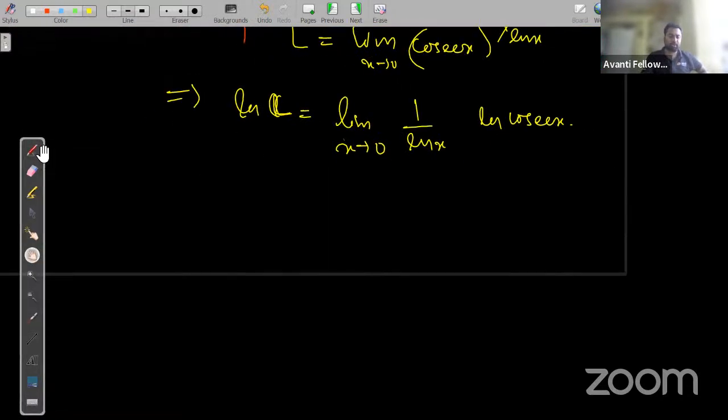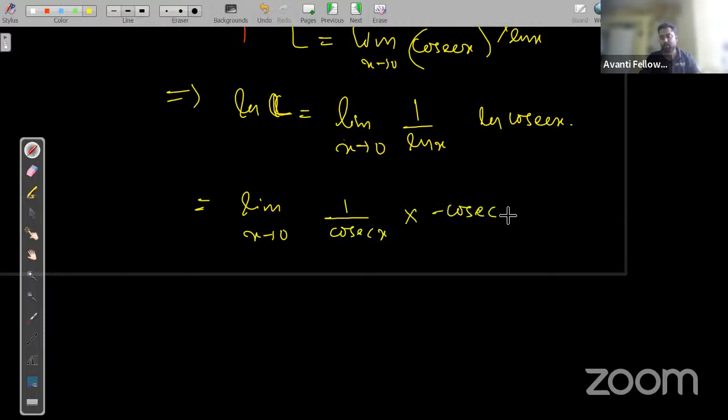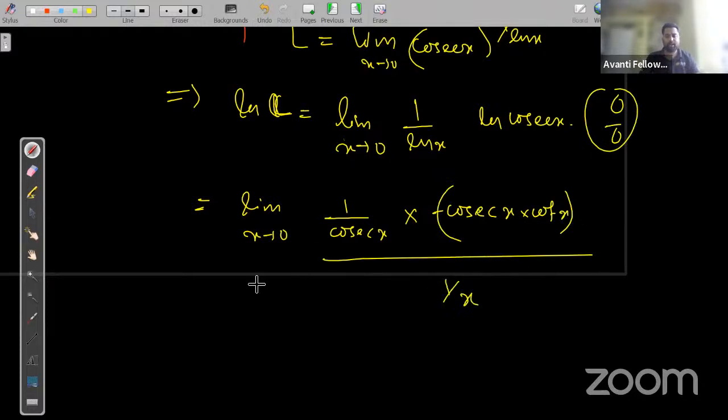So if we solve it, what we are getting is limit x tending to 0 of 1 upon cosec x into minus cosec x cot x, by using L'Hopital's rule because it is in the form of 0 by 0, and this upon 1 by x.